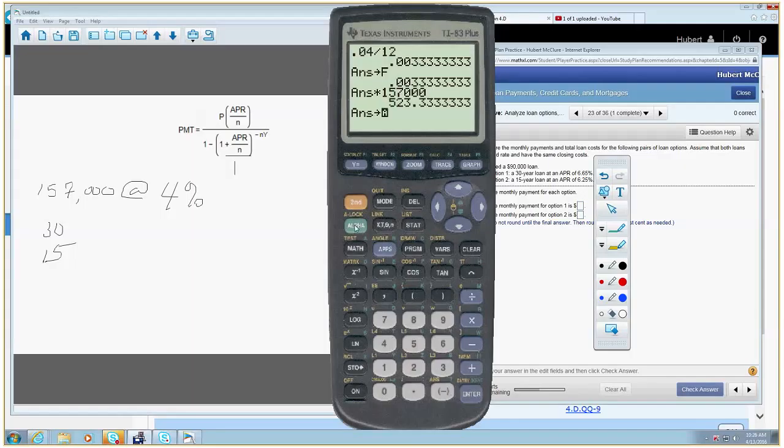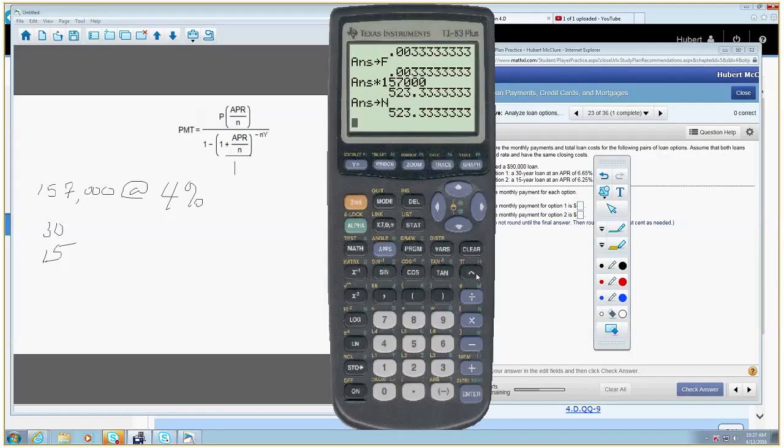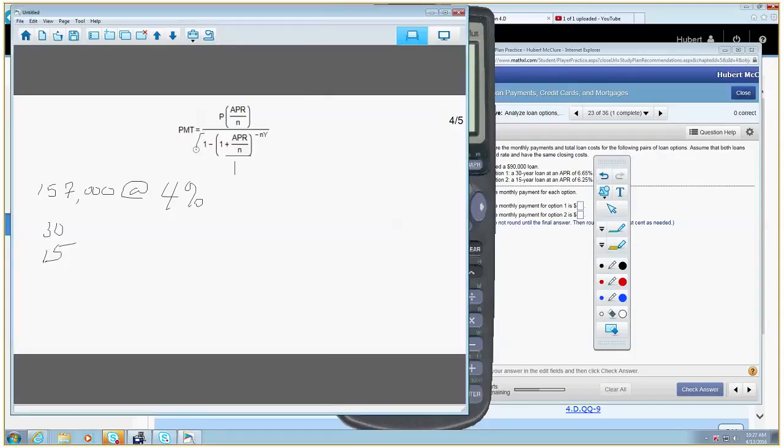Store alpha N. They put the brackets there because the calculator doesn't know if you're dividing 1 by 1 and then subtracting this, or if it's this whole thing. So they tell you to put the denominator in parentheses.